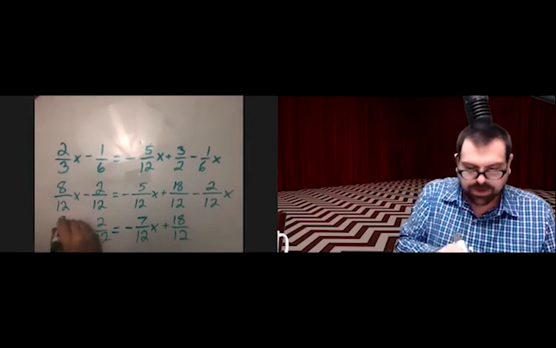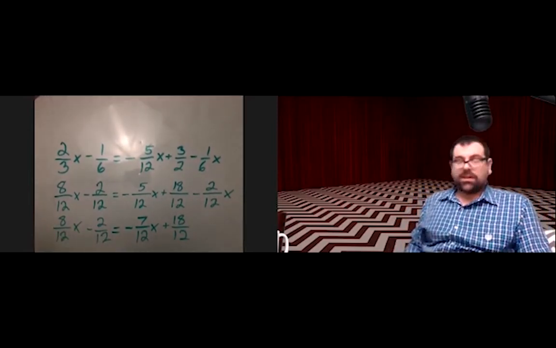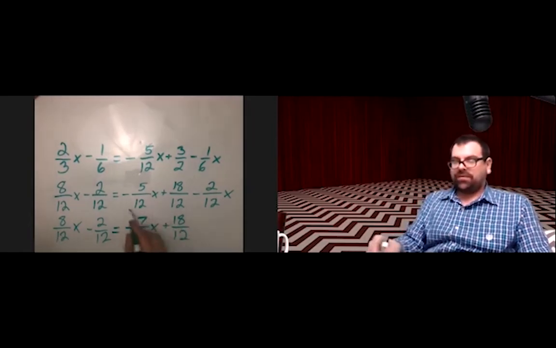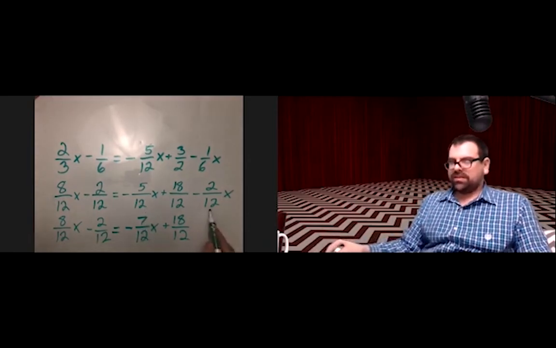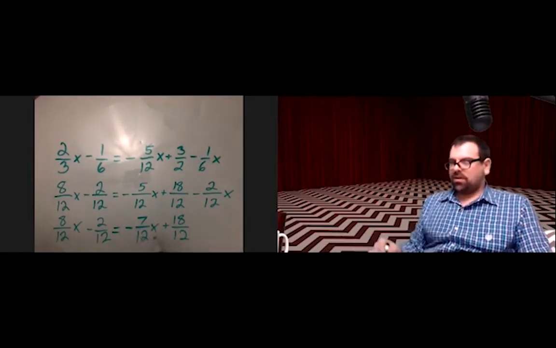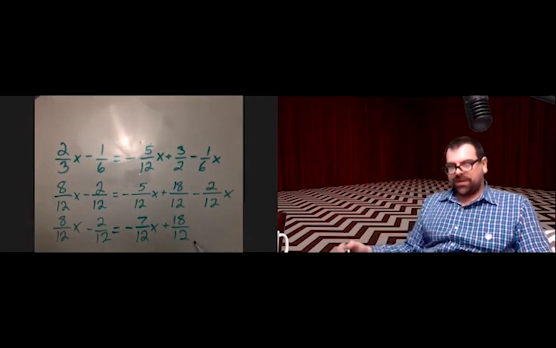Copy everything else down. So again, negative 5 of these 12ths minus 2 of these 12ths is going to give me negative 7 of these 12ths, and that was the coefficients of x. The 18/12 just carries on.